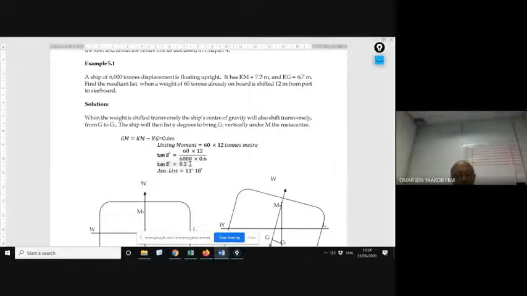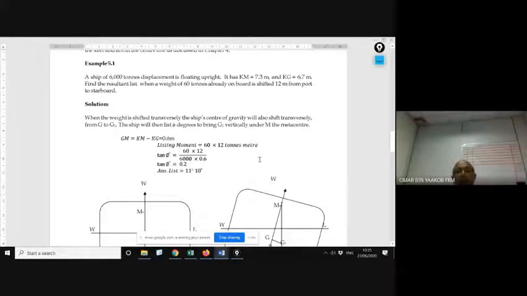So the shift tangent 0.4, we get the angle to be 21.8 degrees.